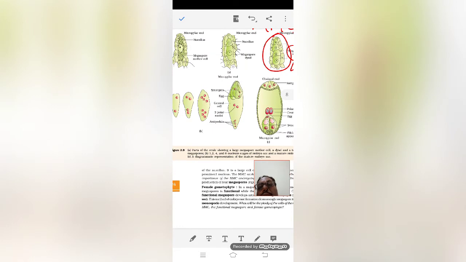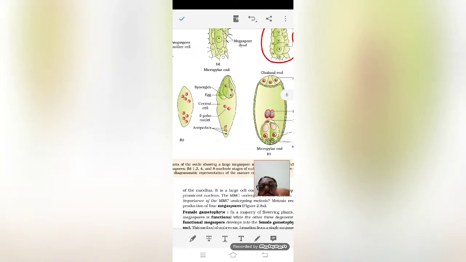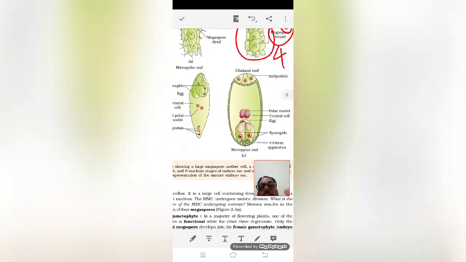Then whatever the division that takes place, when the single cell has divided mitotically, those cells will start to rearrange. When they are rearranging, they will get a structure like this.